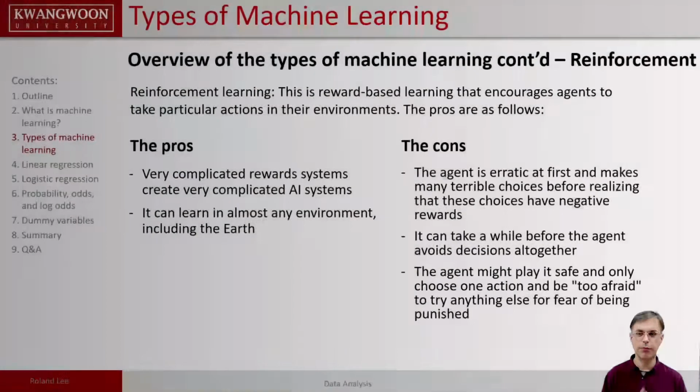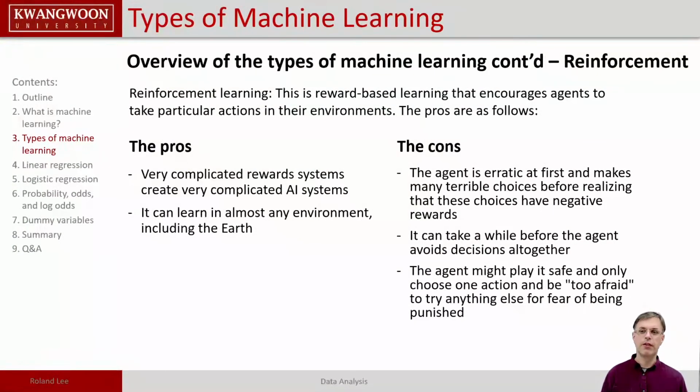Reinforcement learning is the next one, the last one which we mentioned here. This is reward-based machine learning that encourages the agents to take particular actions in their environment.